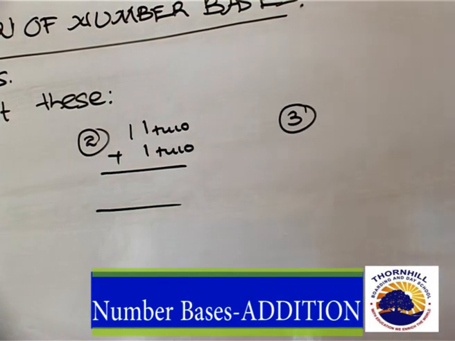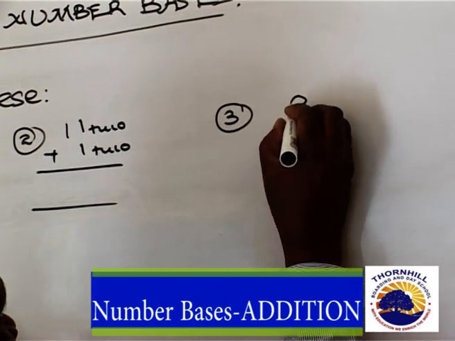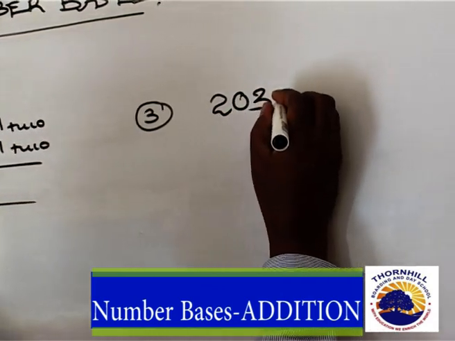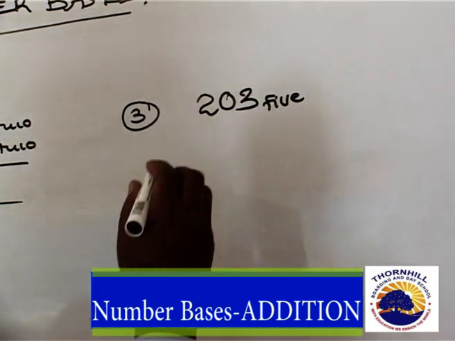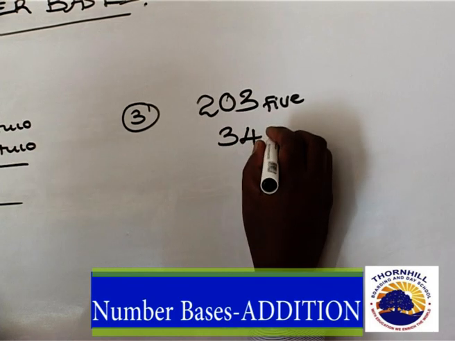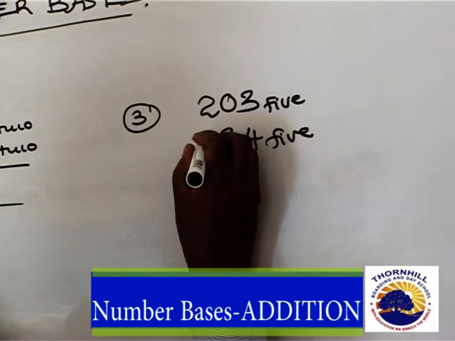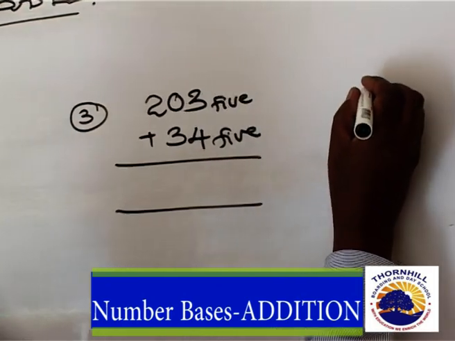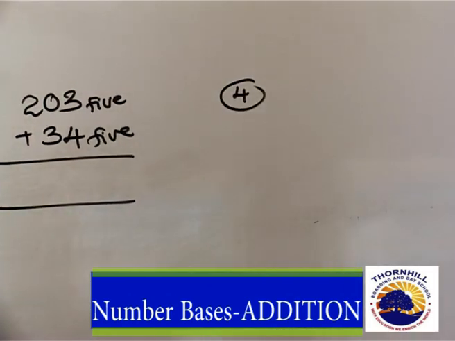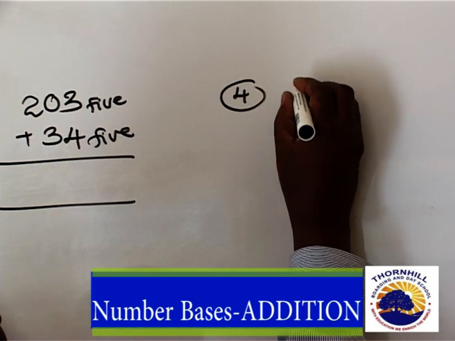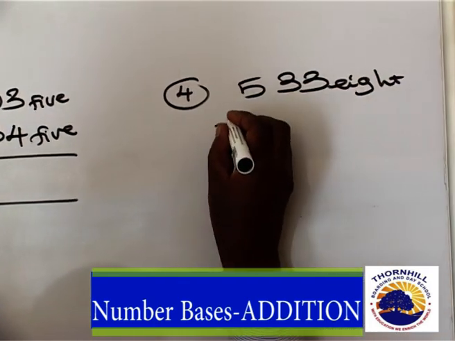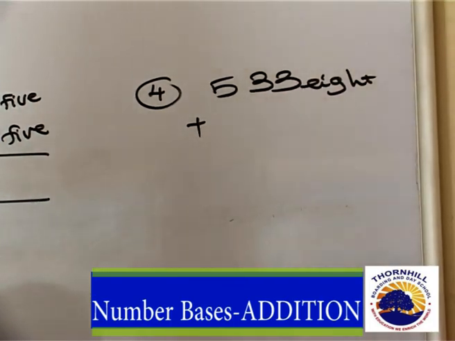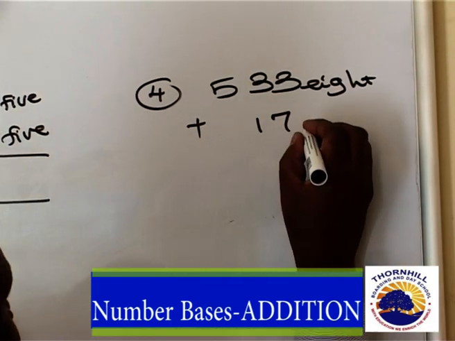Let's have 203, base 5, plus 34, base 5. Then maybe the fourth one, 533, base 8, add 17, base 8.